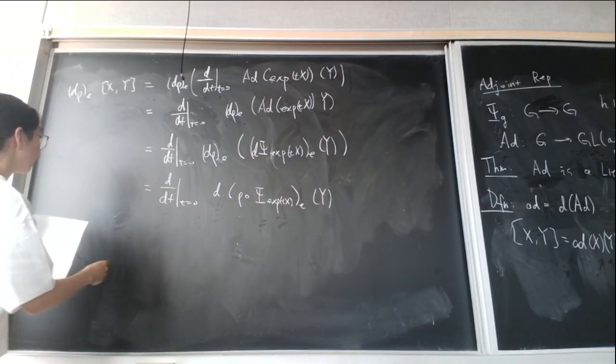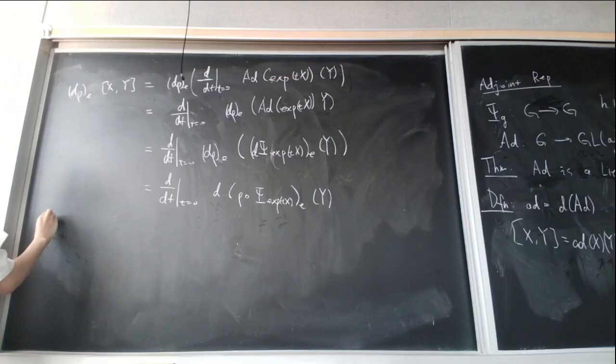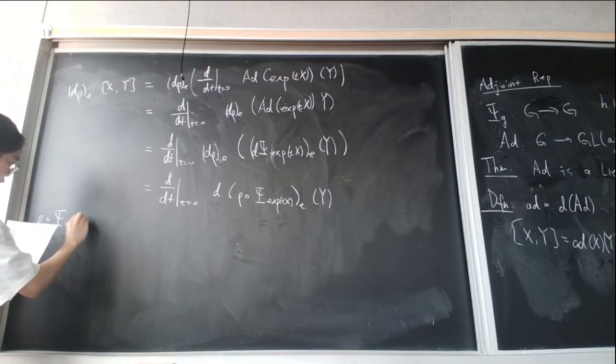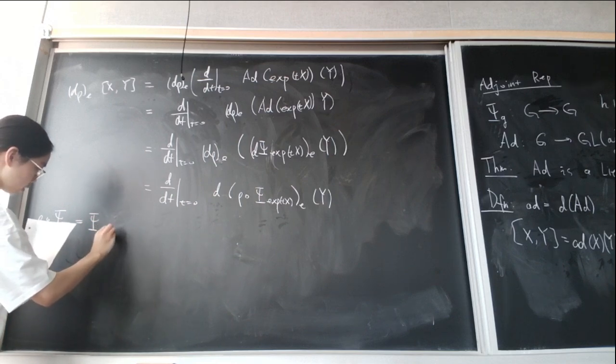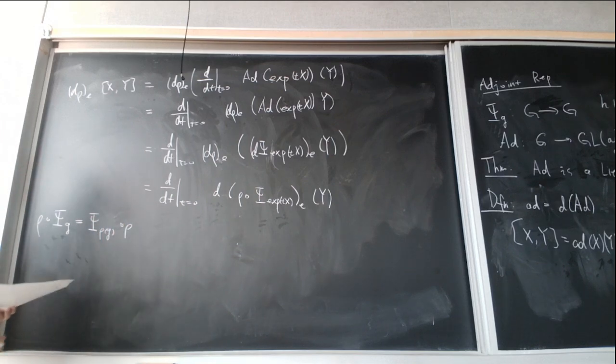And notice that rho composed with conjugation by g is equal to conjugation by rho of g composed with rho.